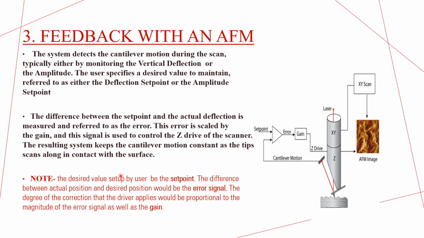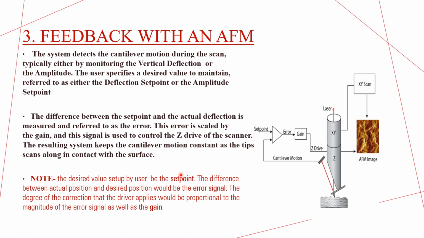So, a quick summary of feedback. With an atomic force microscope, the system detects the cantilever motion during scanning, either by monitoring the vertical deflection or the amplitude. The user specifies the desired value, that is the set point, and if there is any change in the set point, it causes an error, and this error is scaled by the gain, and this signal is used to control the Z drive of the scanner by the feedback loop.